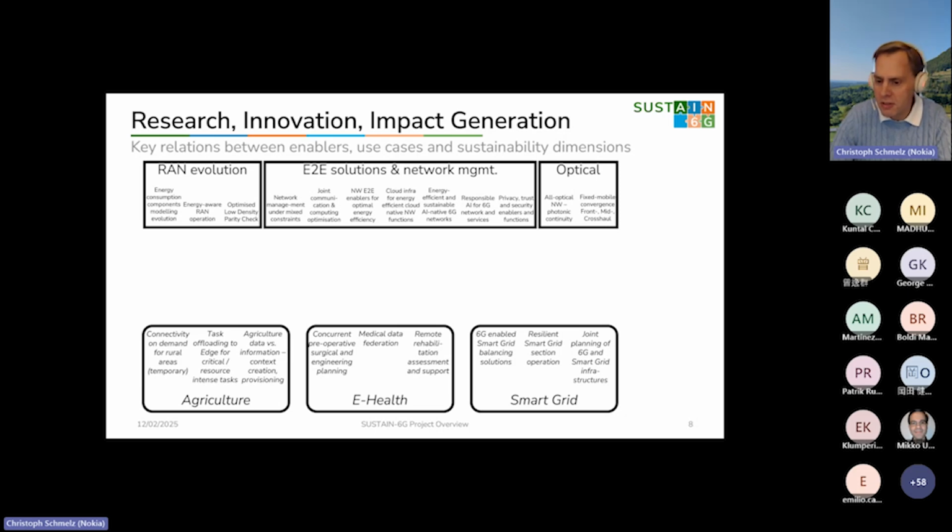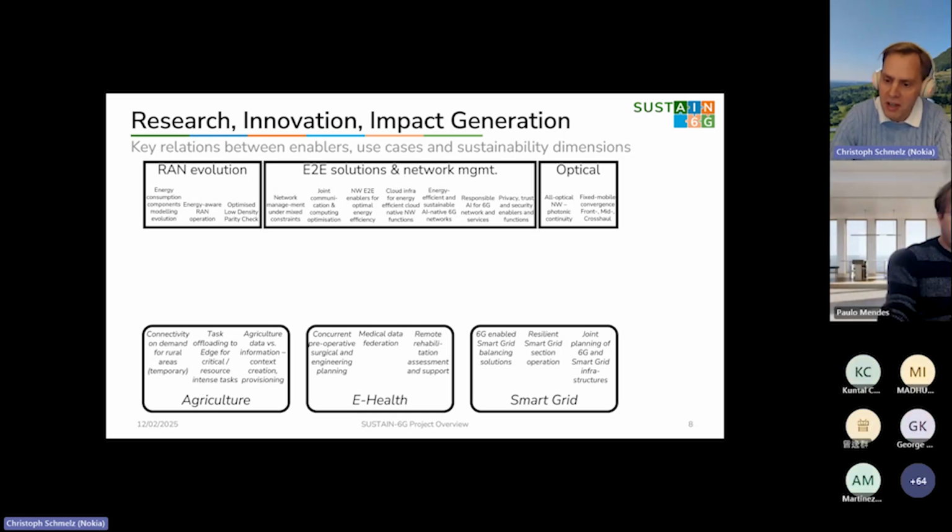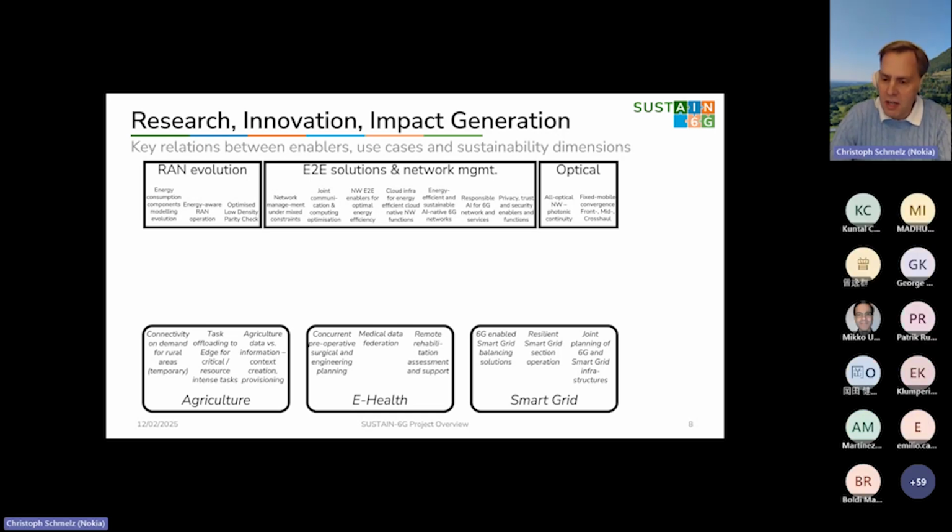Just a simple example: you have a power failure and your smart grid relies on communication infrastructure to be functioning. So how do you boot up the network again? The communication infrastructure has no power, so it's non-functional, and the smart grid has no communication infrastructure. So how to boot it up? That needs to go in line. And these are some of the quite interesting use cases which need to be addressed here, for example.